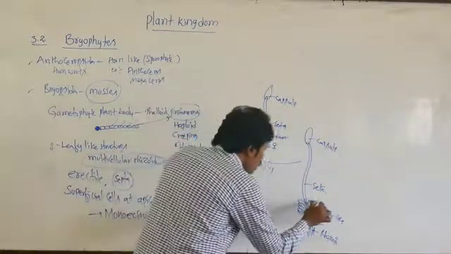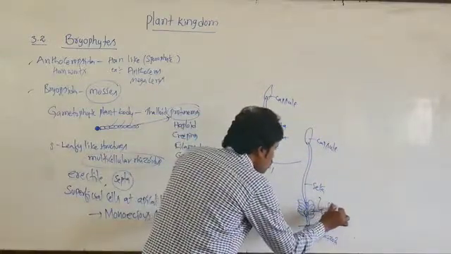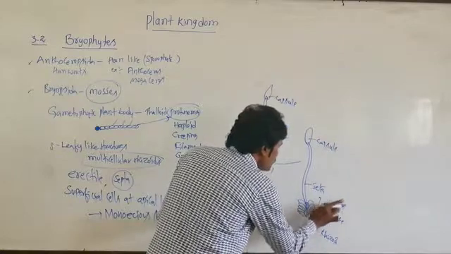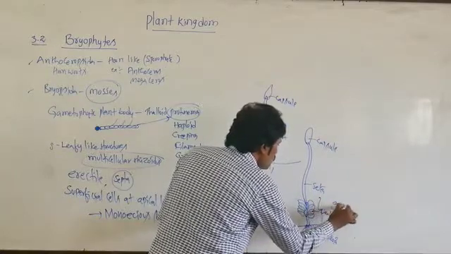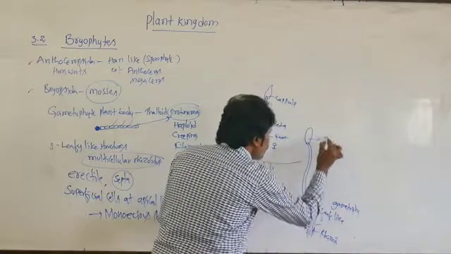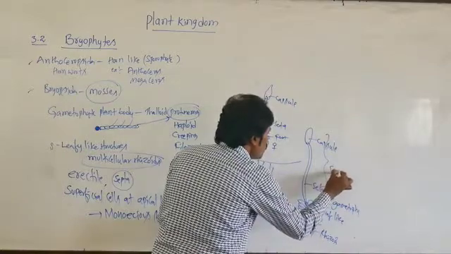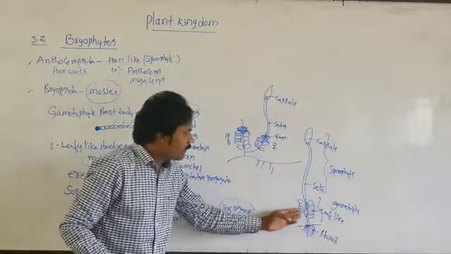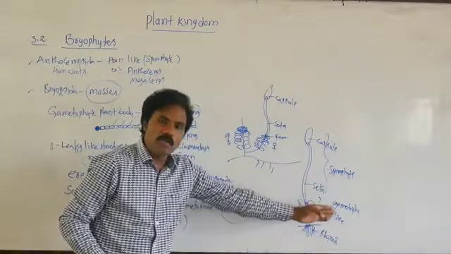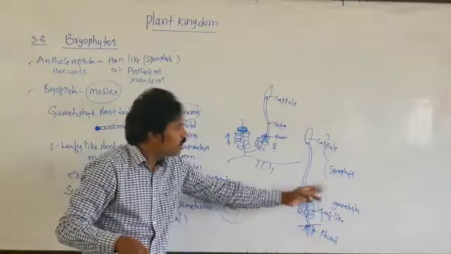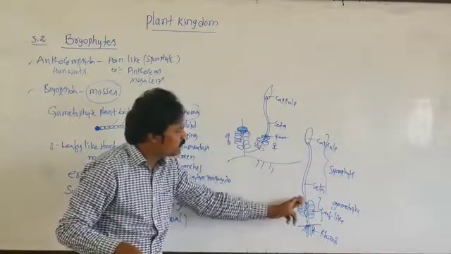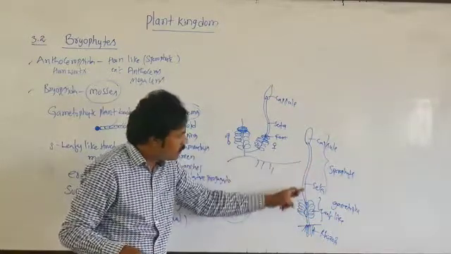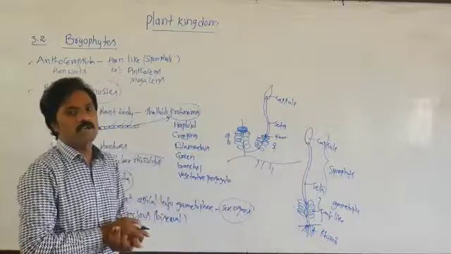From here up to here is what we call the gametophyte. From here, this is the sporophyte. Everything up to the leaf-like structure is the gametophyte, because it prepares food material. What arises from here is the sporophyte, which depends on the gametophytic structure.